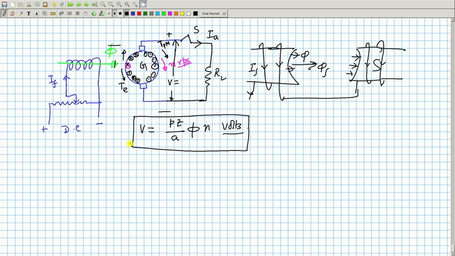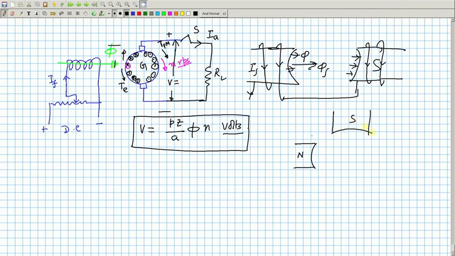So, to find that out, what we will do is this: we consider a 4-pole machine, just for the sake of it, you imagine. A very interesting calculation from the fundamentals we will do.